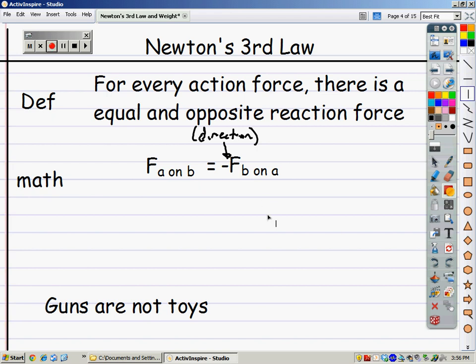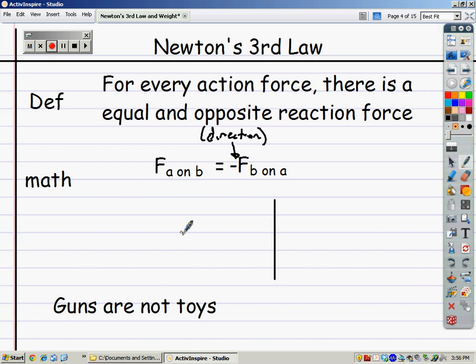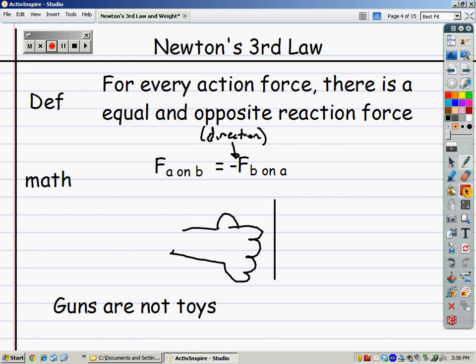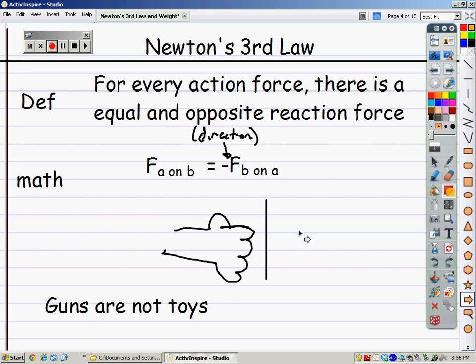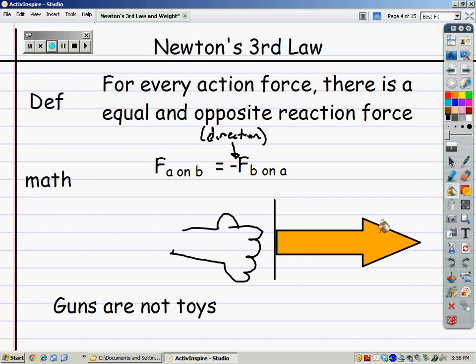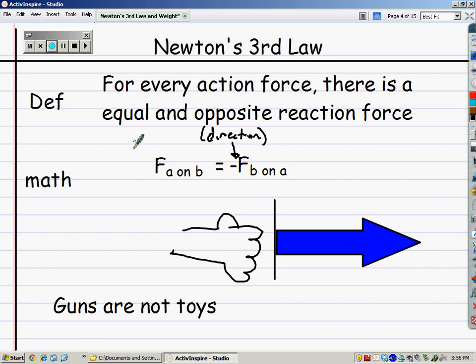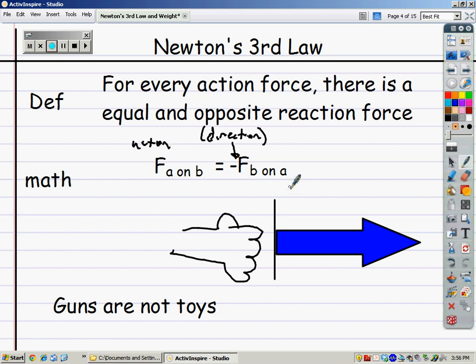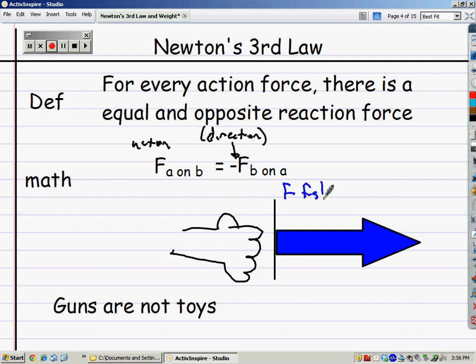So let's draw a picture. Right underneath your notes, draw this picture. We've got a fist hitting the wall. And we'll give that bam. Do that in blue. Okay, so we have first, right here, action. Force, fist on wall.